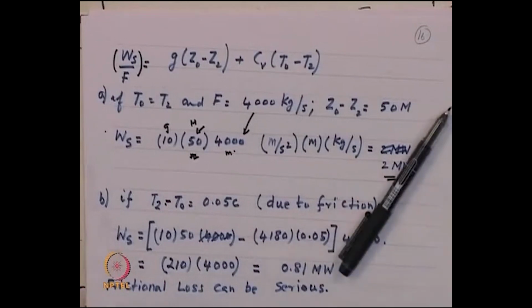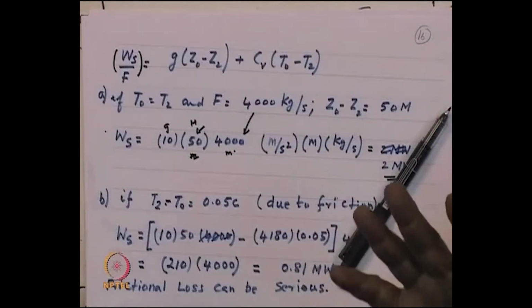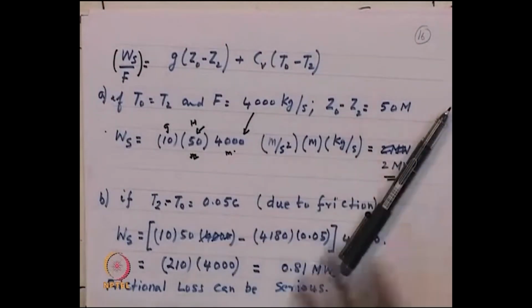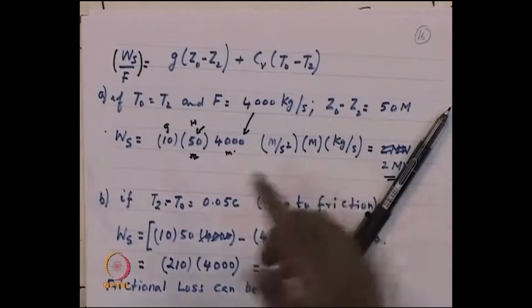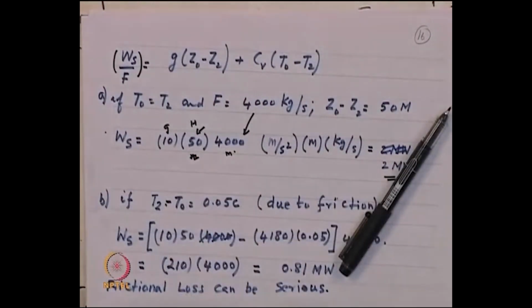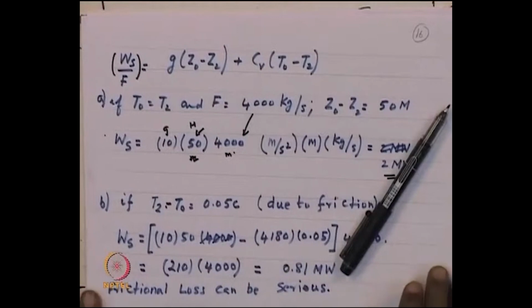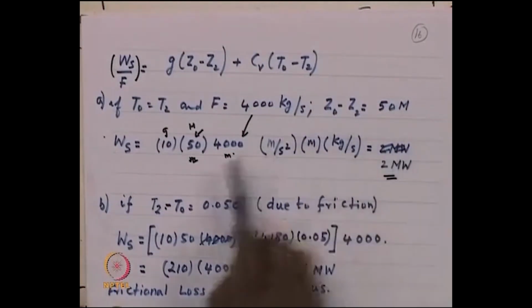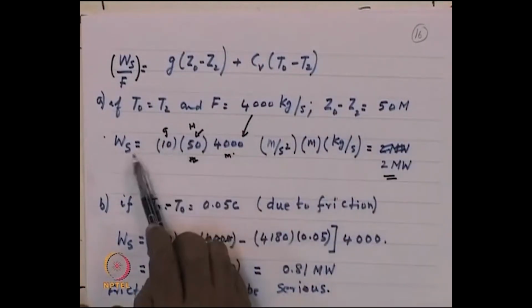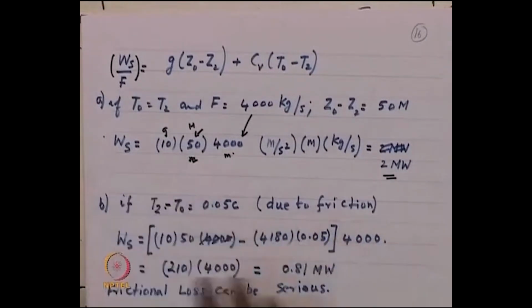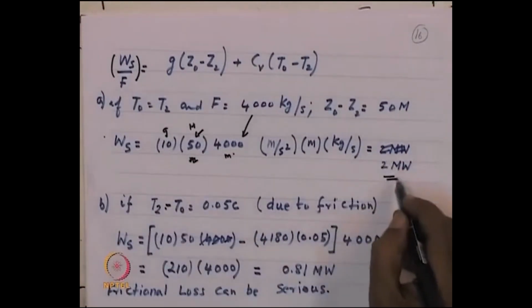What we are saying is that if you have a hydel power station which is able to supply at a head of 50 meters, that means you are able to lift the water to that height. Okay. G is the gravitational acceleration constant, and 4000 is the flow. So, M G H, the term associated with the shaft work, turns out to be 2 megawatts.